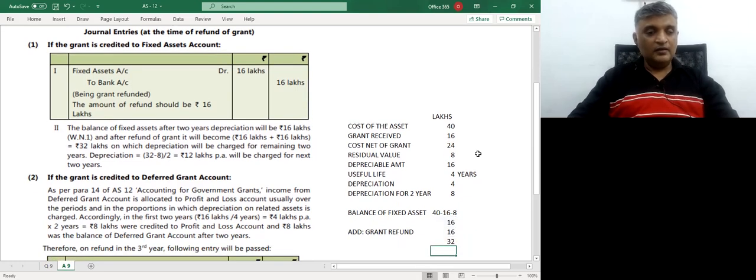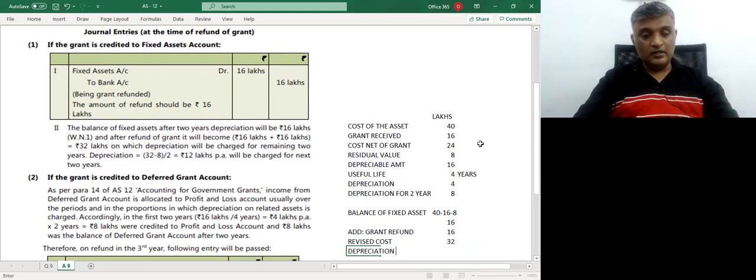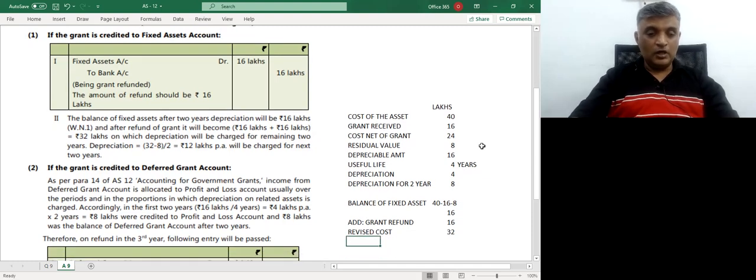So the revised cost of the asset becomes 32 lakhs. Now, out of 4 years, 2 years is already gone. So we need to charge depreciation for the remaining 2 years. Depreciation will be how much? So let's talk about the residual value. What's the residual value? Again, 8 lakhs.